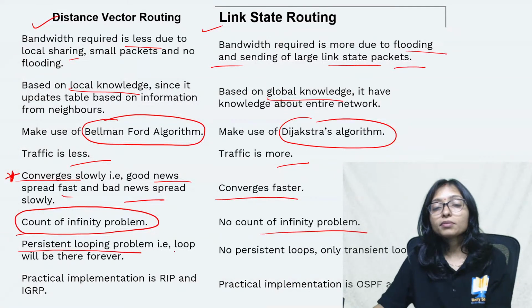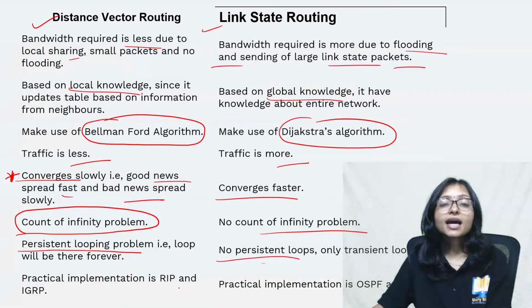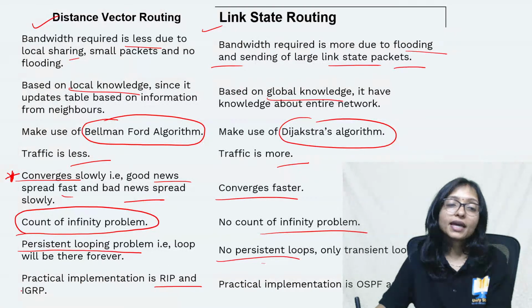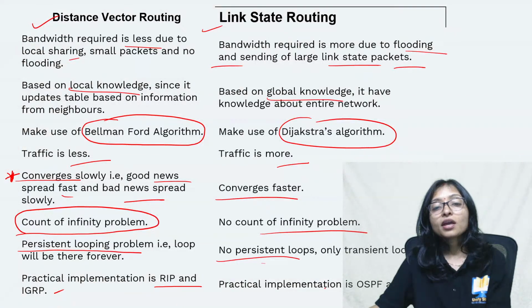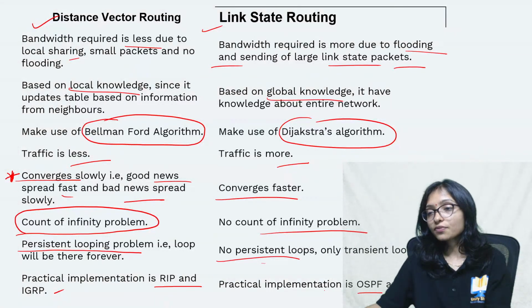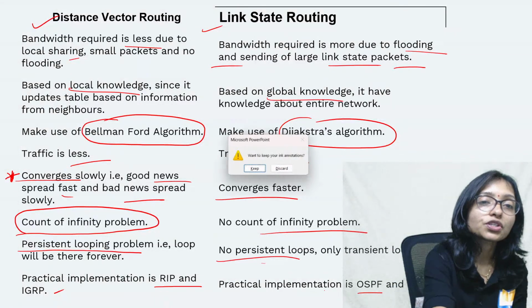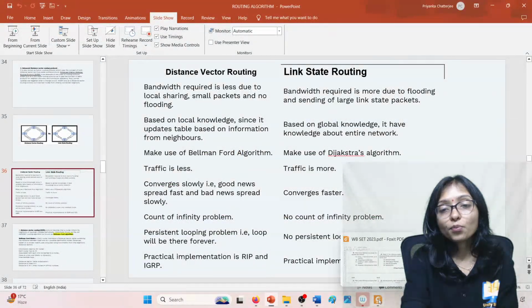The persistent looping problem is also there, but there is no persistent looping problem here. Practical implementations of RIP and IGRP also come from routing algorithms, and here the practical implementations are OSPF and IS-IS. Very, very important. Multiple times questions come from routing algorithms, and nowadays it is very popular.